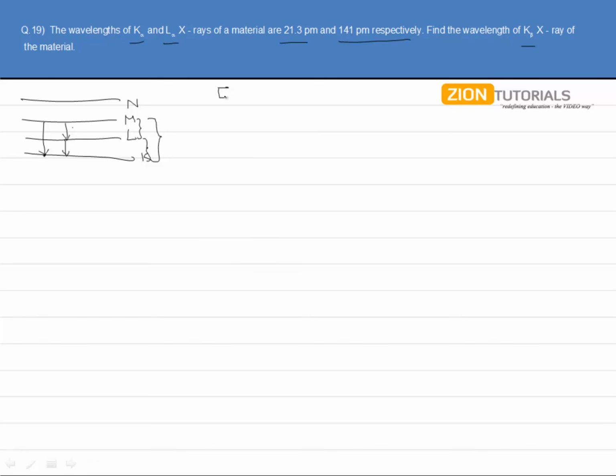So finding E1, meaning the K alpha transition, to be 1242 upon the wavelength in nanometers, that is 21.3 into 10 to the power minus 3, electron volt, that is also equals 58.309 into 10 to the power 3 electron volts.